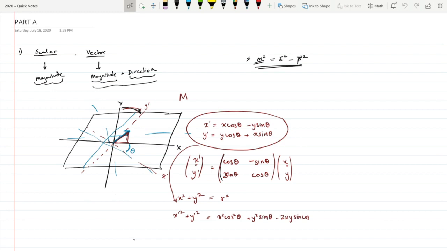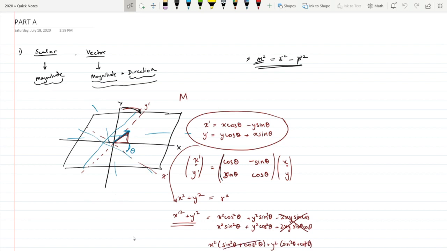And then here I get x squared sine squared theta, y squared cos squared theta plus 2xy sine theta cos theta. If I add these, I find that these two terms cancel, and I've got x squared and y squared into sine squared theta plus cos squared theta.